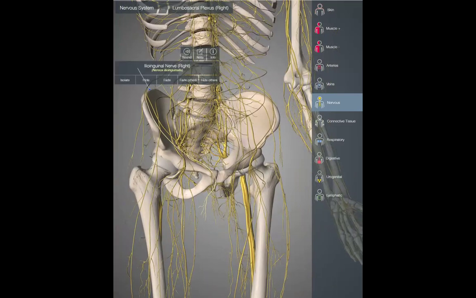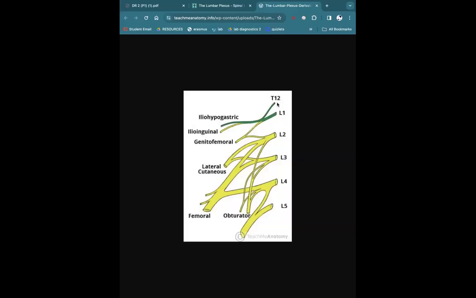I'm going to show you this one. So far, we have finished this. That's the lumbar plexus. You have T12 contribution, L1, L2, L3, L4, and L5. So far, we have covered the iliohypogastric and ilioinguinal. Both have contribution from T12, but they both arise from L1.